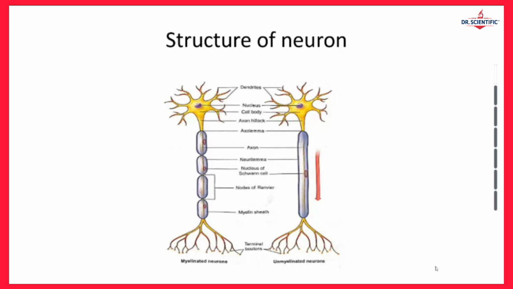And then we can have neurons that are myelinated. We talked about myelin last time, that one of the functions of myelin is that it helps speed up the impulses. So even in conditions where there is demyelination, where the myelin is destroyed, you end up with a slowing of nerve impulses.